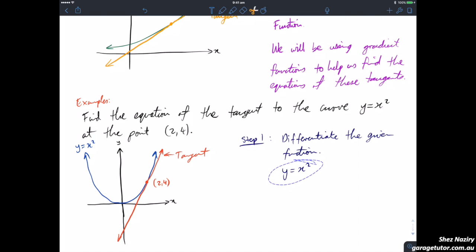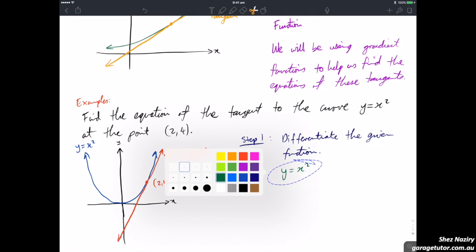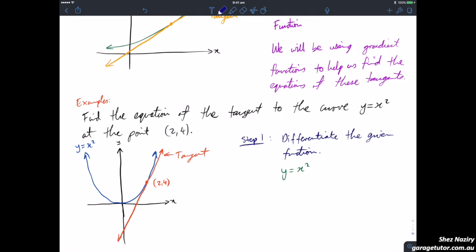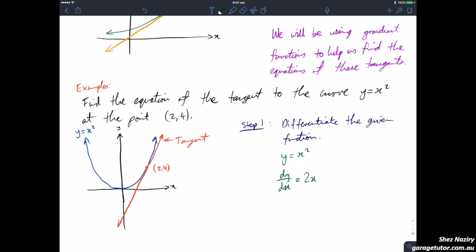So the function is 2x when we differentiate. So dy/dx, or for 2 unit you can write y dash, but if you're in 3 unit or 4 unit, don't you dare write y dash. Alright, so now we have dy/dx is equal to 2x. This is my gradient function.